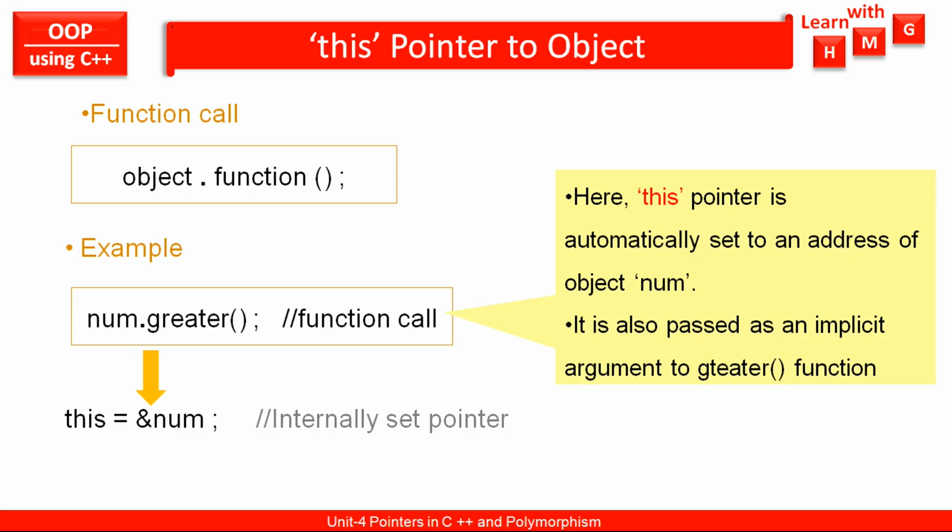In this example our calling object is num, and like this ampersand num will give the address of the num object, and that address is assigned to this pointer.